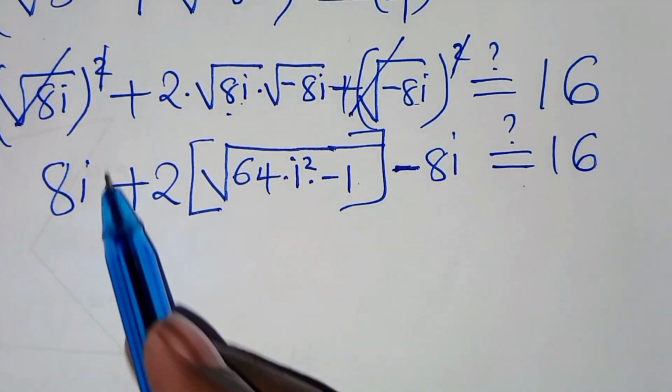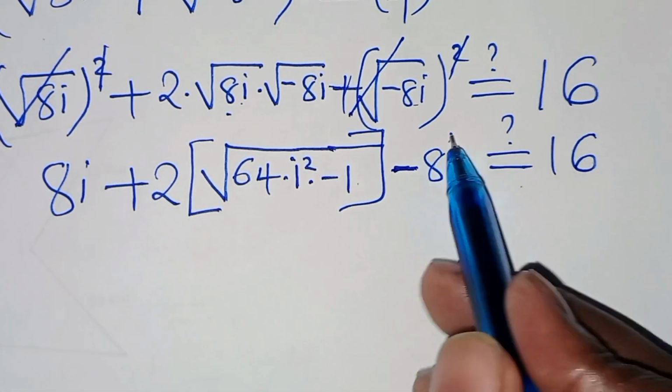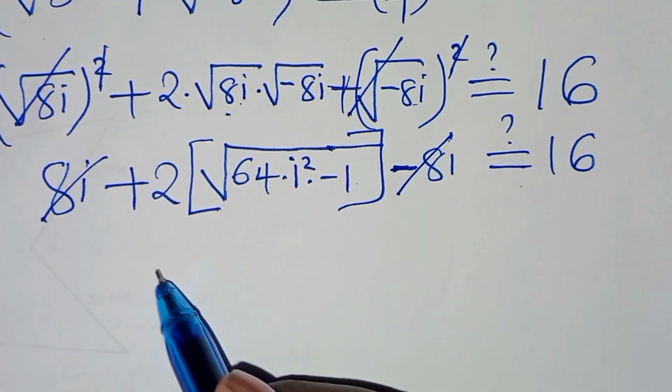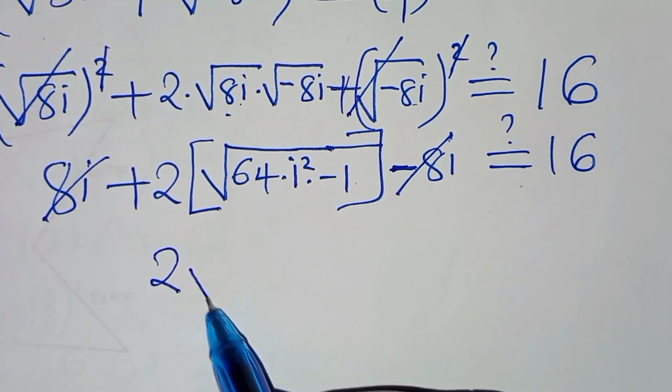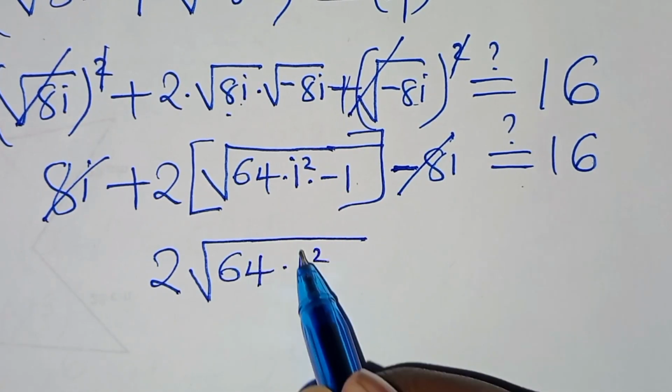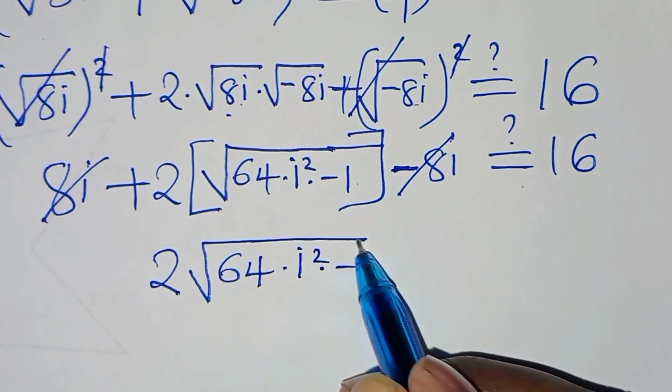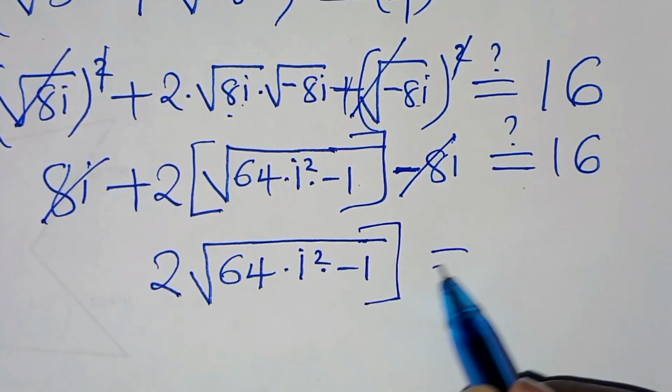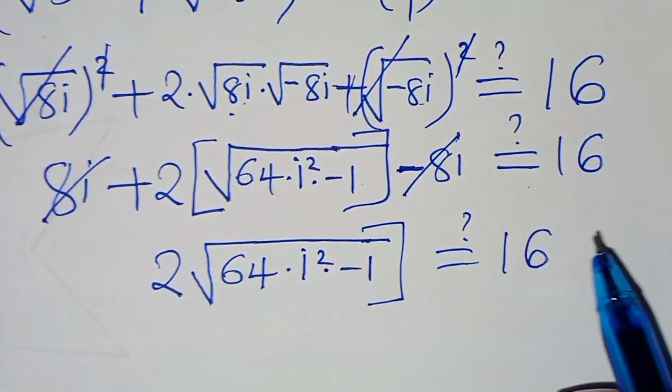Now, here we have 8i minus 8i, so this simplifies, so that now we have 2 multiplied by the square root of 64 times i squared times minus 1. This should give us a value of 16.